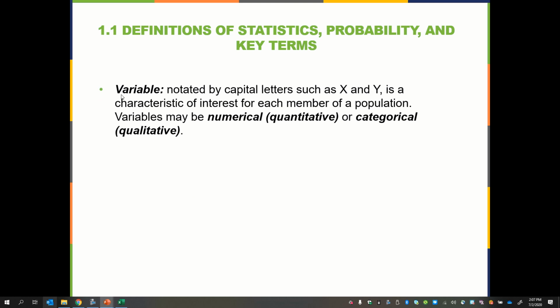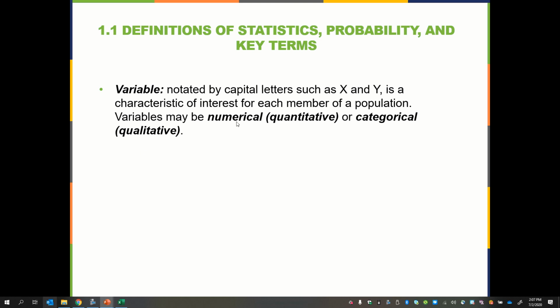Some key terms that we'll start off with that we should really be aware of and understand, since we'll be seeing them a lot, is the word variable. You may have heard it before, say in an algebra course, and you were probably taught that a variable is an unknown. And that's true here as well. But another way of describing a variable is that it's a question that we're interested in learning about a population.